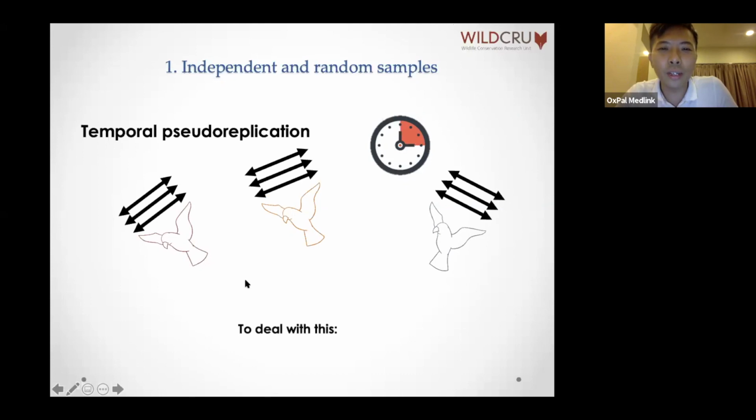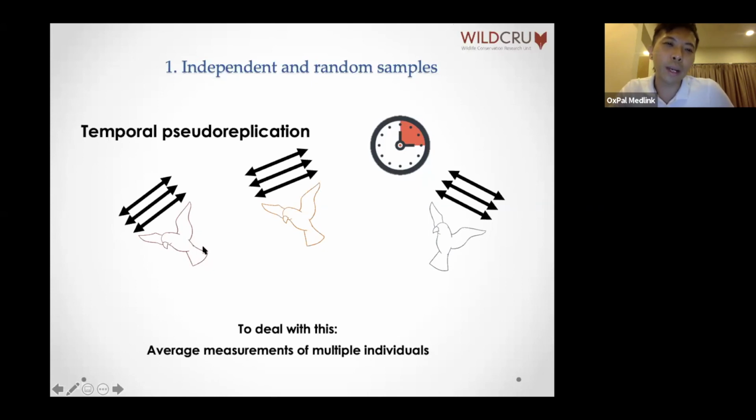To deal with this, we have to average the measurements. We have to average the measurements of Tom's wingspan instead of treating those 3 measures as independent samples. They belong to the same individual.